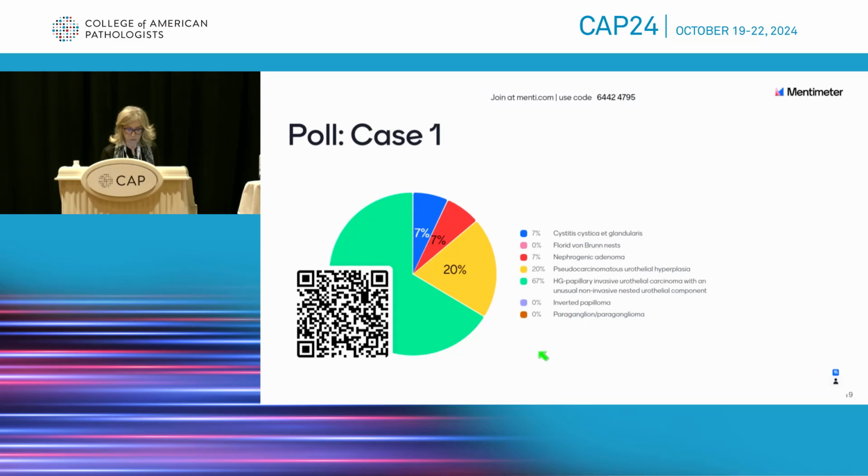And the reason why I was puzzled was because, as I mentioned, the patient is 31, and I did consider a nested urothelial carcinoma. And nested urothelial carcinoma will immediately trigger the words radical cystectomy in urologists. And I was not sure that was a nested urothelial carcinoma, and I did not want to have a 31-year-old undergo a radical cystectomy.